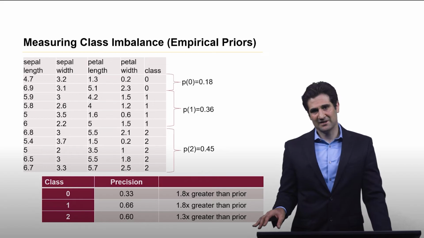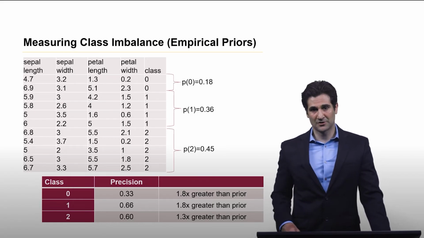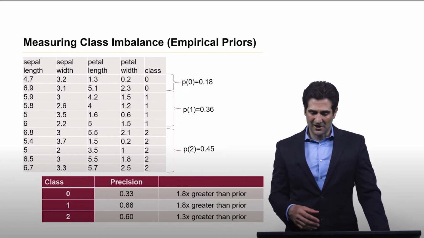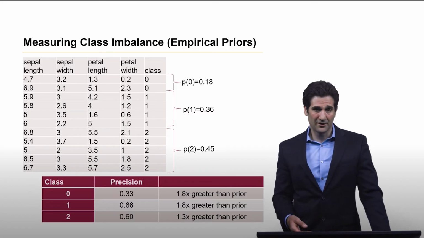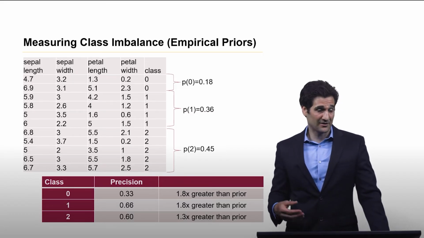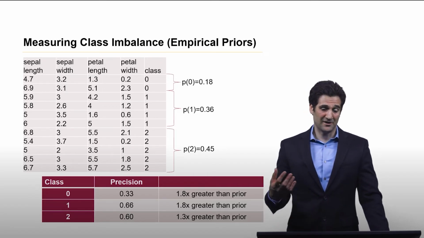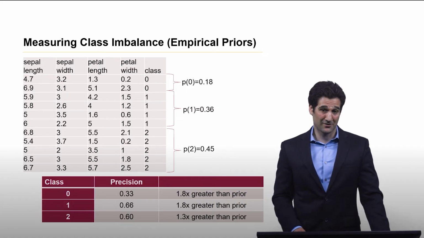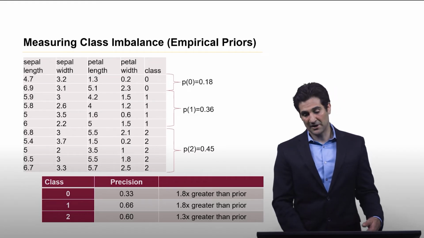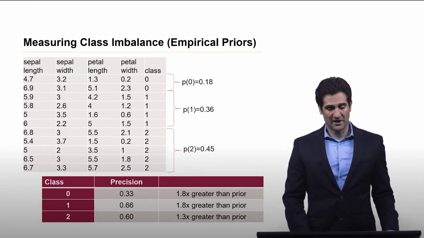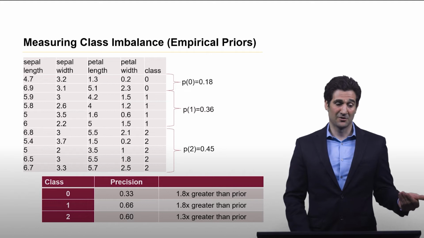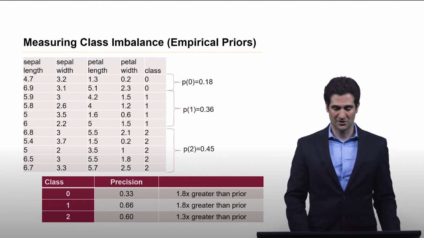Now, this does not mean that the decision tree that got these precision numbers is any good. Doing only like 1 point something times better than the prior probability is nothing to write home about, and it's not particularly good performance for a model. But it is better than random guess. And sometimes, if you have a really hard problem, maybe that's all you can do.